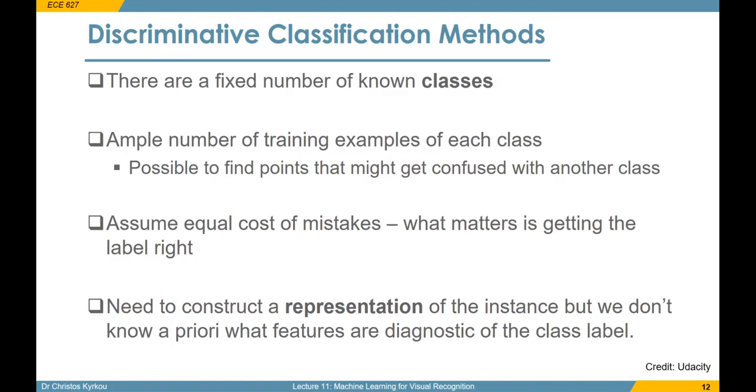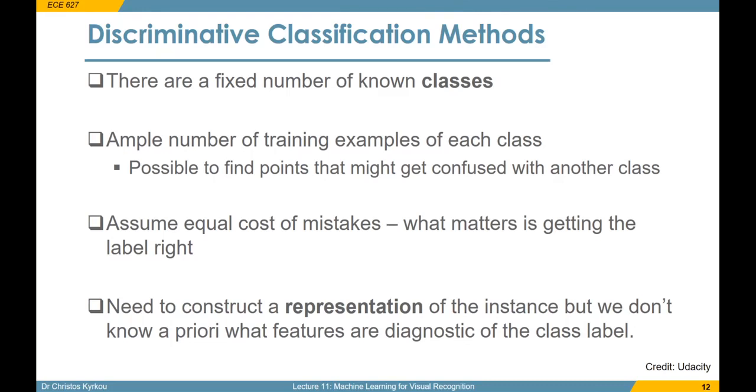For discriminative classification methods, we basically have some assumptions. We assume that we have a fixed number of classes, of known classes. Of course, we assume that we have an ample number of training data. Otherwise, we have to deal with these approaches differently. We assume also that the cost of a misclassification is no different than any other.